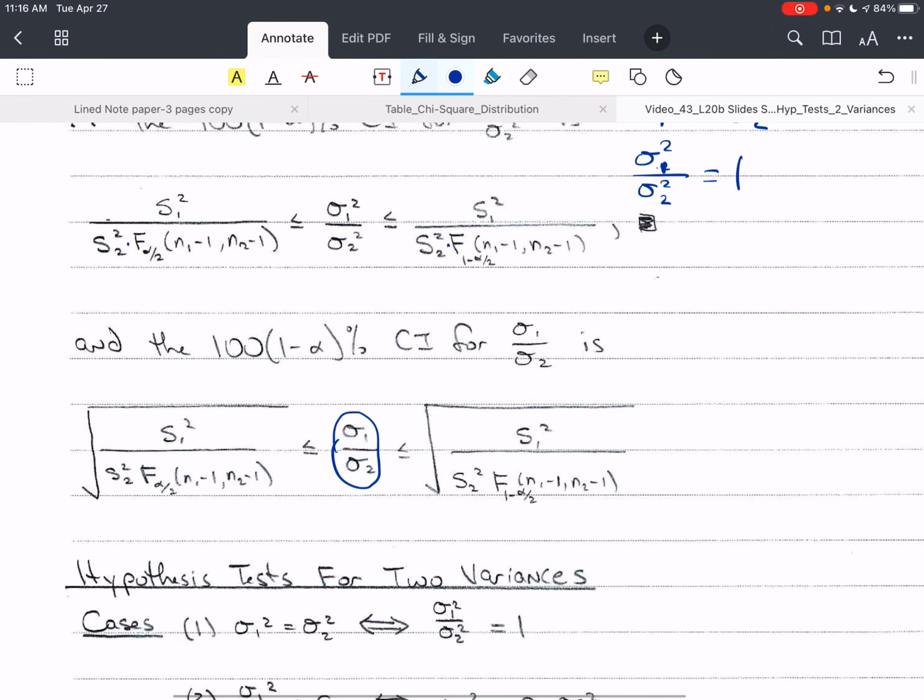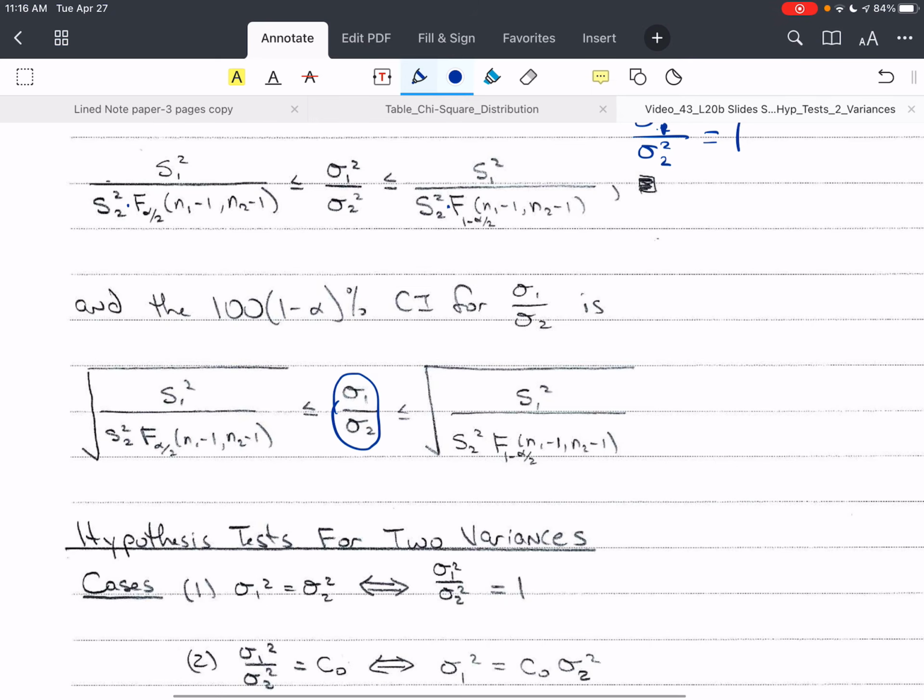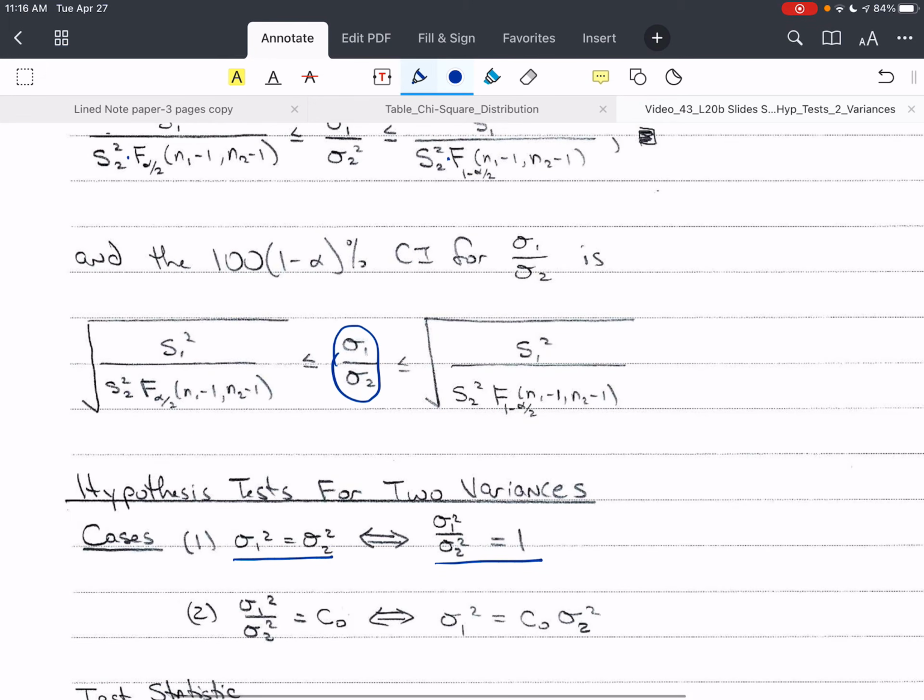So we have some cases here. If sigma 1 squared is equal to sigma 2 squared, as I've mentioned, the ratio is equal to 1. But what if we don't want that ratio? What if we want not just 1? We want the ratio, but we want the ratio to be equal to some constant. I call it C0 just instead of having confusing notation. So some constant, C0.